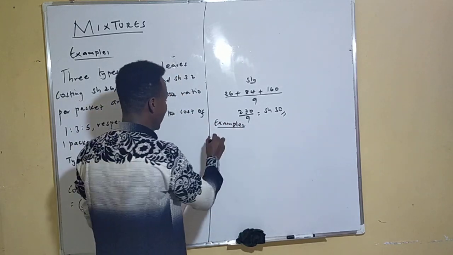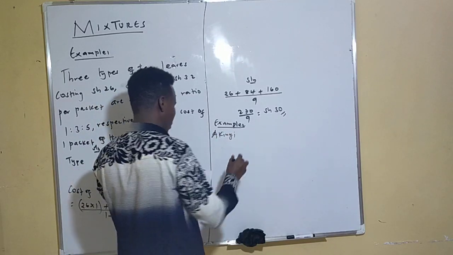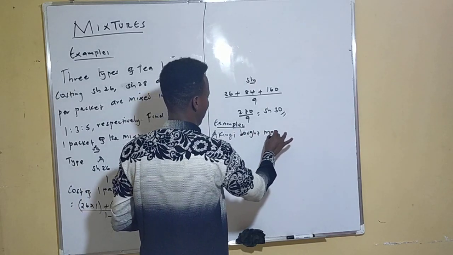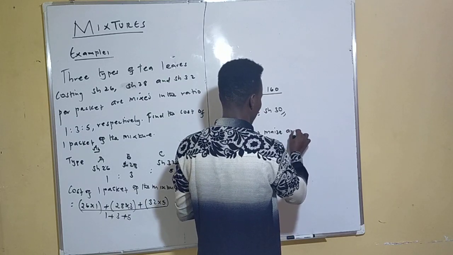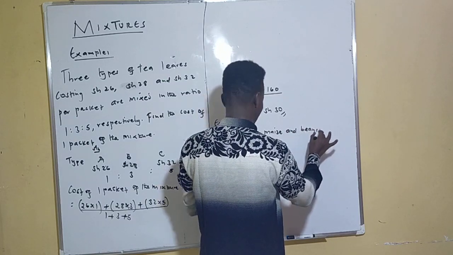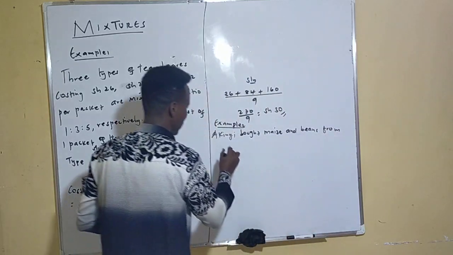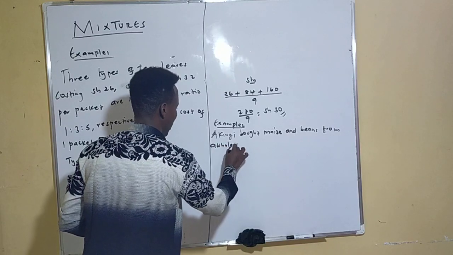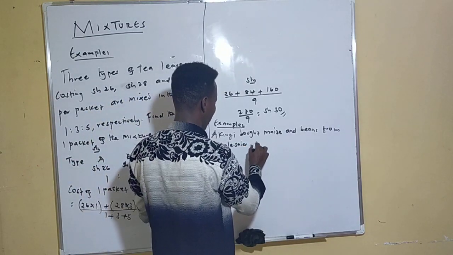We are told Akinyi bought maize and beans from a wholesaler, full stop.